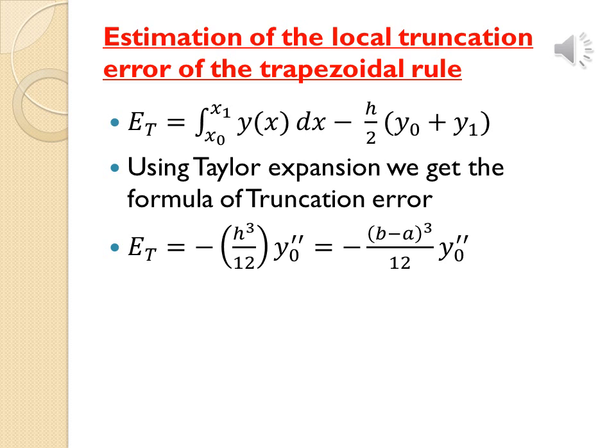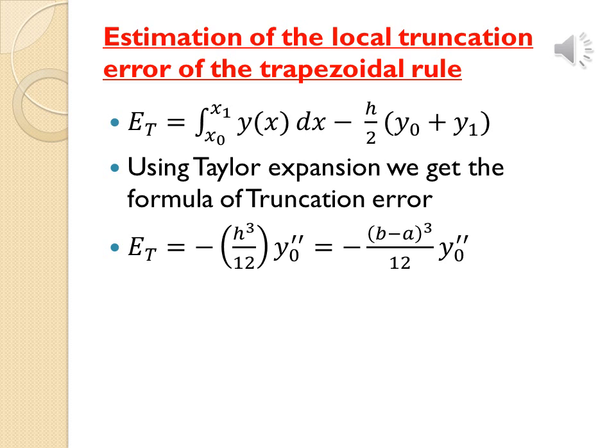ET means error for trapezoidal. So integration x0 to x1 y dx minus h over 2 y0 plus y1 is the exact integration minus the rule or numerical integration. The difference gets the error.